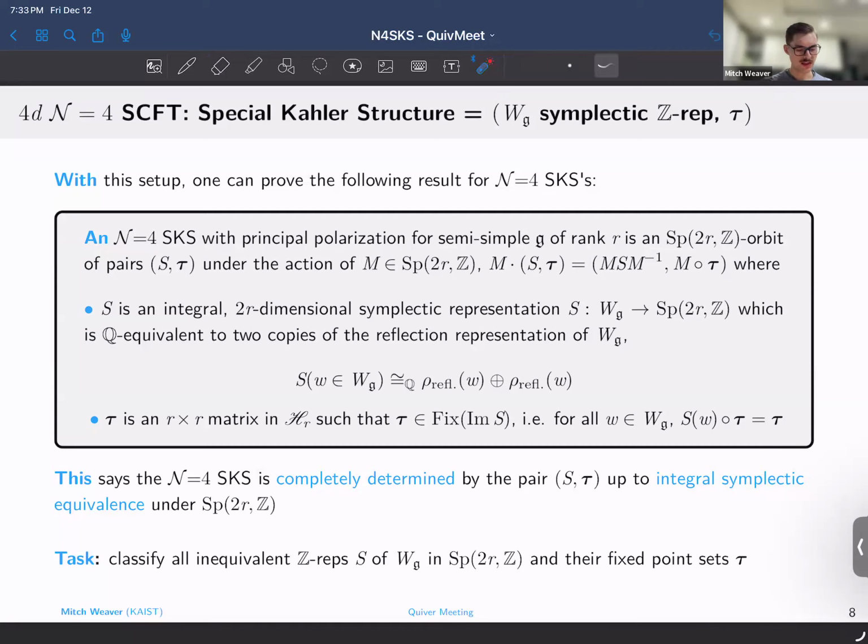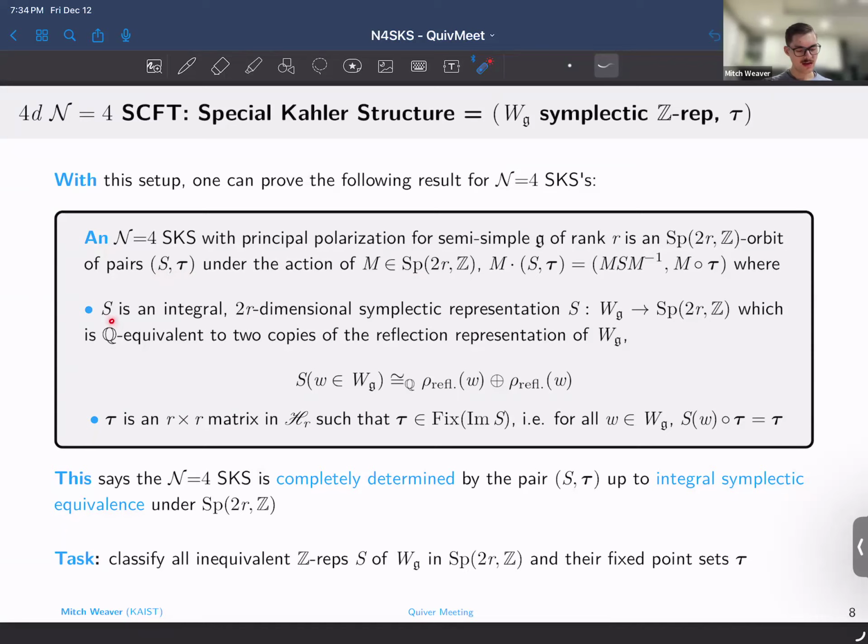So, what is it? We have an N=4 special Kahler structure. It has principal polarization, and we have some fixed semi-simple Lie algebra here, corresponding to the gauge algebra of the super Yang-Mills theory. And the statement is that this N=4 SK structure is an Sp(2R,Z) orbit of a pair given by S and boldface tau. And it's an orbit under the action of elements of our EM duality group.